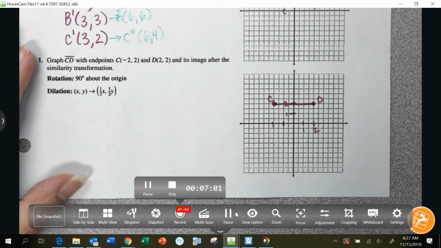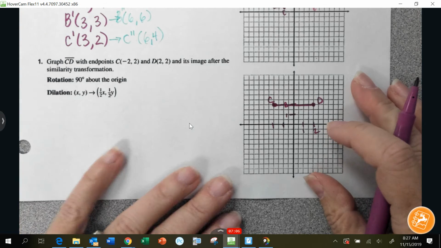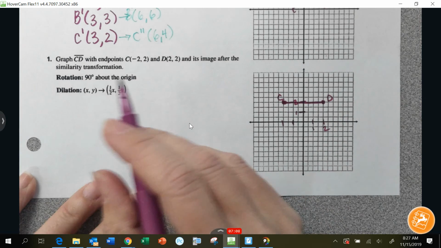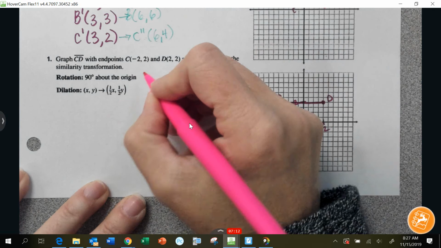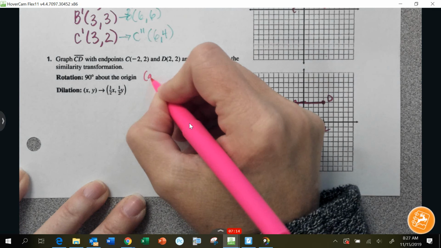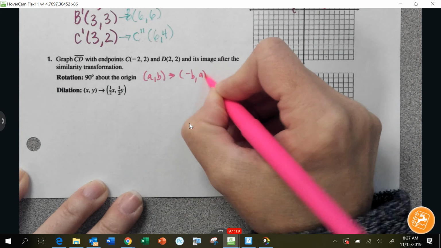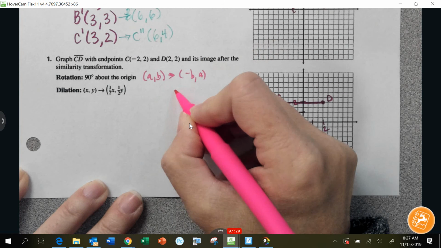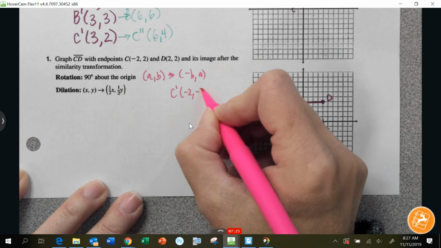So you had to do 90 degrees about the origin. What is the formula for 90 degrees? Negative BA. So we go from AB to negative BA. So my C prime is going to be negative 2, negative 2.